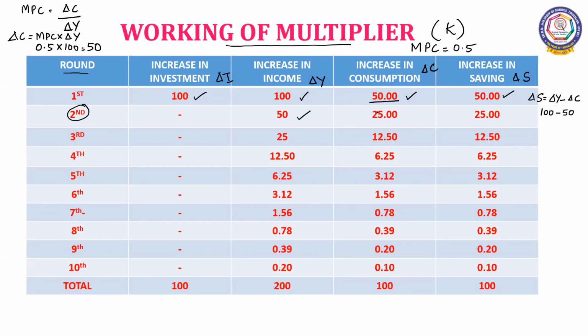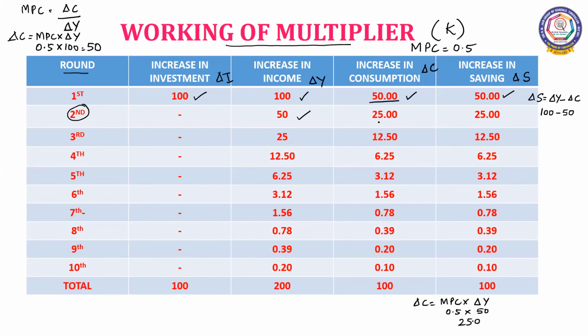And again, let us calculate the consumption, increase in consumption. Increase in consumption is MPC into delta Y. MPC is 0.5 into delta Y is 50. Change in income is 50. 5 5s are 25, so 250, and there's a decimal. You'll get 25 as the change in consumption.